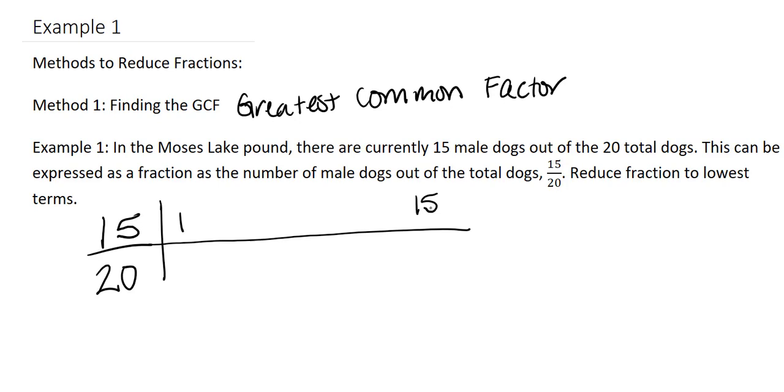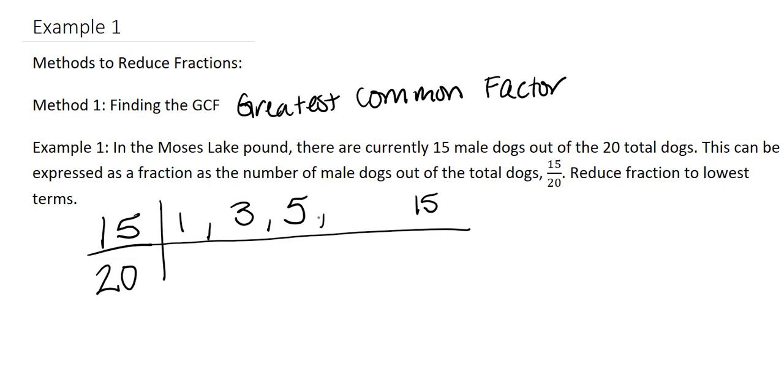Then we can look at the next one, which could be 3. So 3 times 5 is equal to 15. So we know 3 and 5 are factors of 15. Now, 4 doesn't work, 7 doesn't work. So these are the factors of 15.